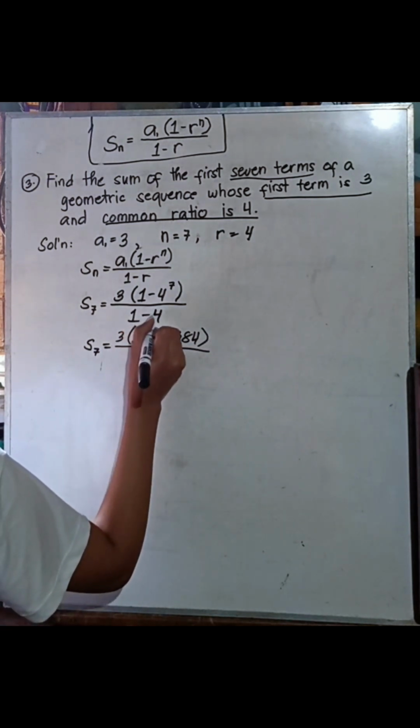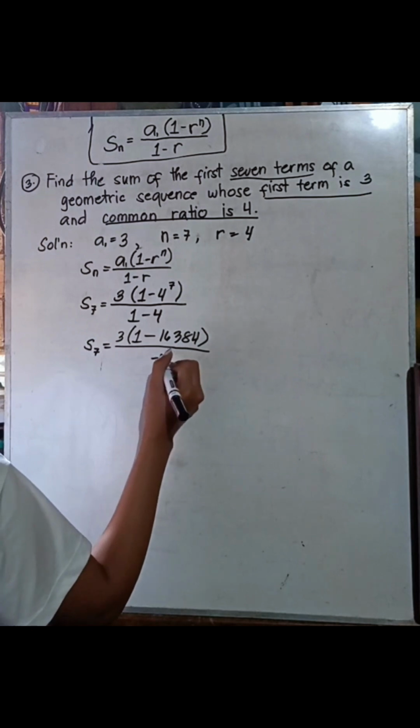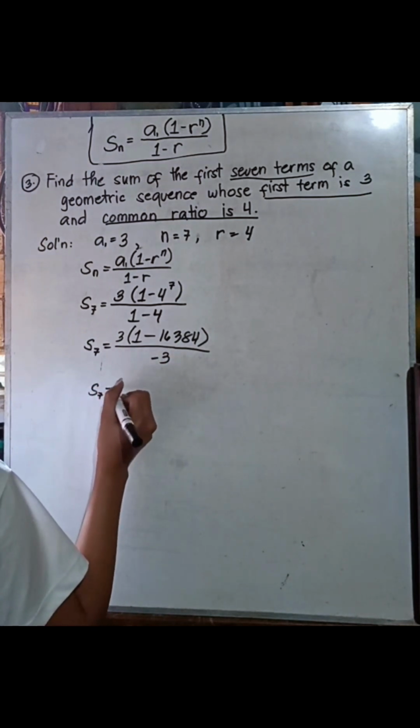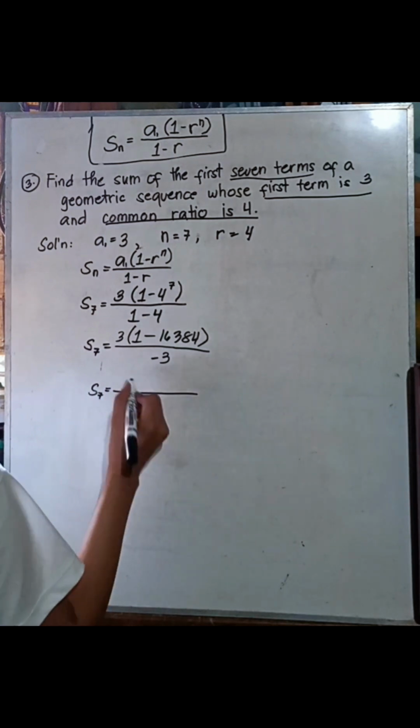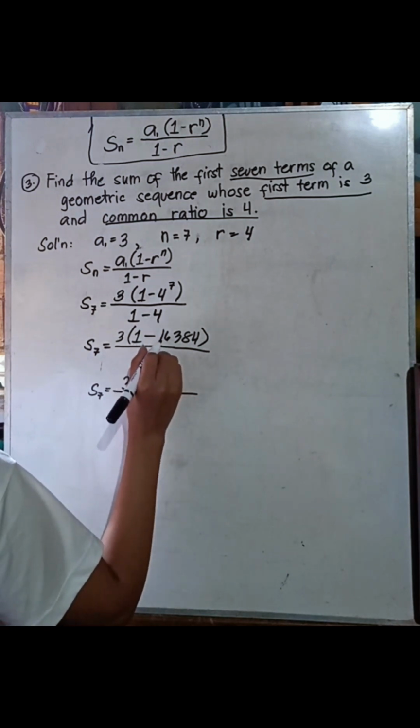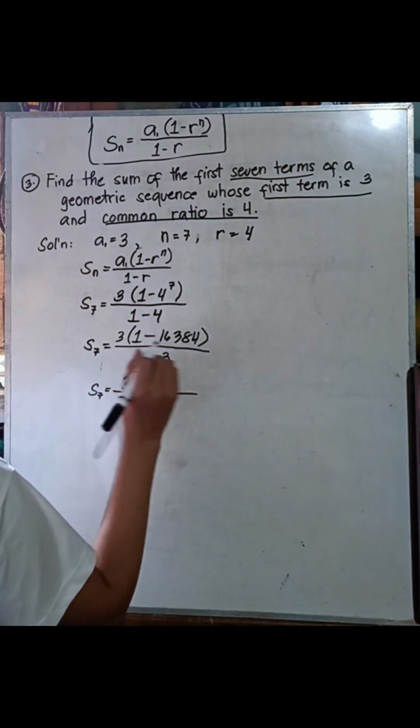So, 1 minus 4 is equals to negative 3. S sub 7 is equals to 3. May 3 times, bawasan lang natin ang 16,384 ng 1.